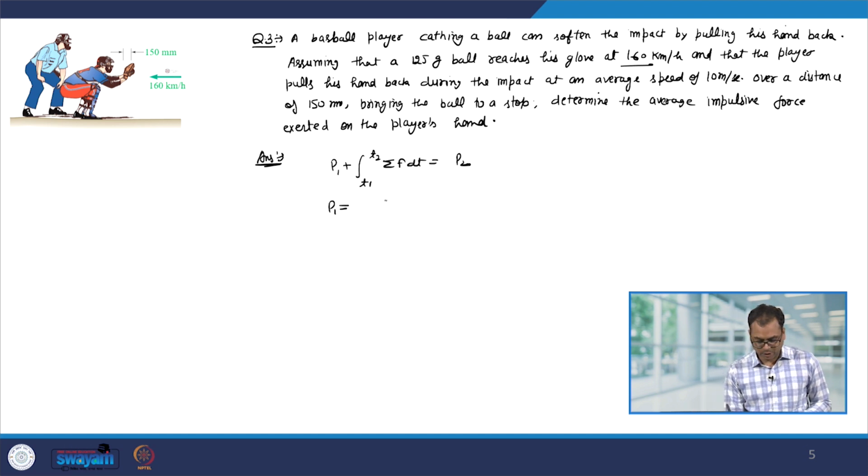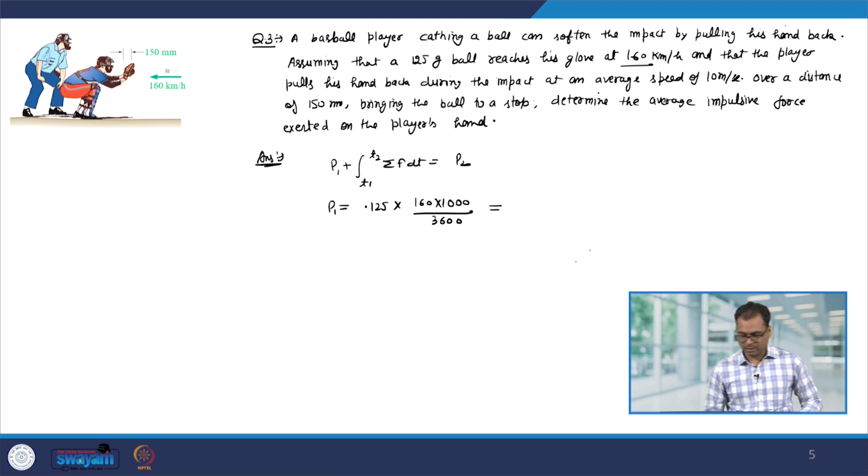So, mass is 125 gram, so 0.125 into the velocity, 160 kilometer per hour. We can convert it into meter per second. So, it is 160 into 1000 divided by 3600. And now the direction of P1. Let us say this is the y axis, this one is the x axis, the ball is moving in minus x direction, therefore, it will be negative.